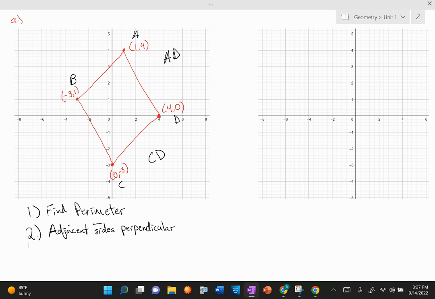So 0 minus 4. 1 minus 4 is. Now 4 minus 1.